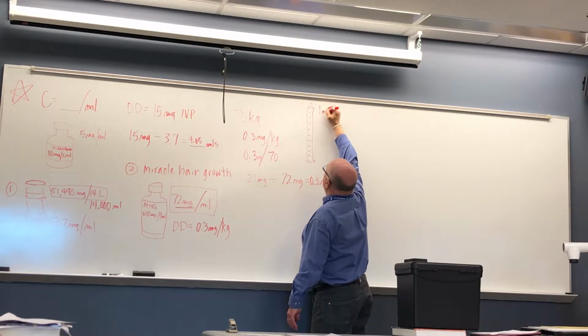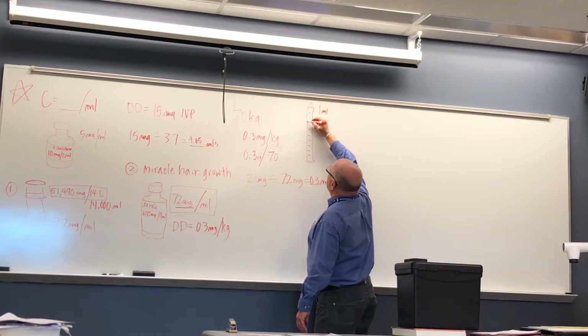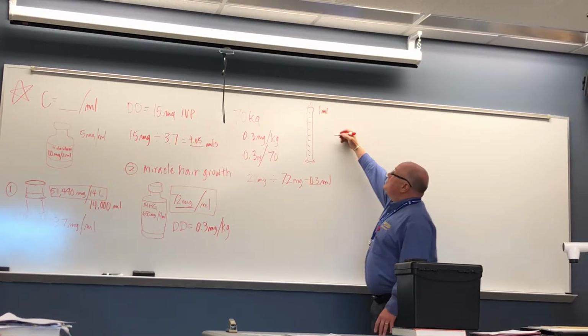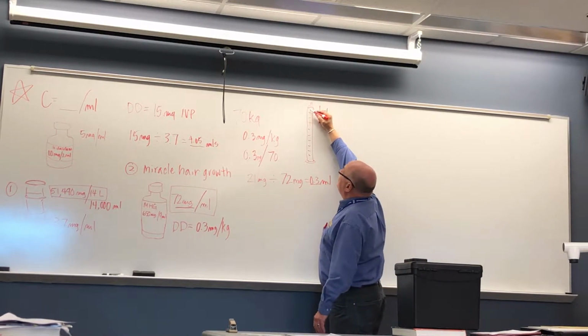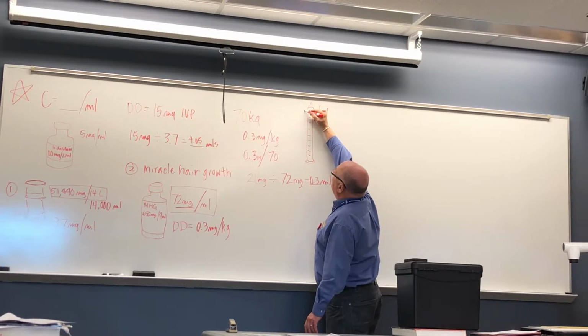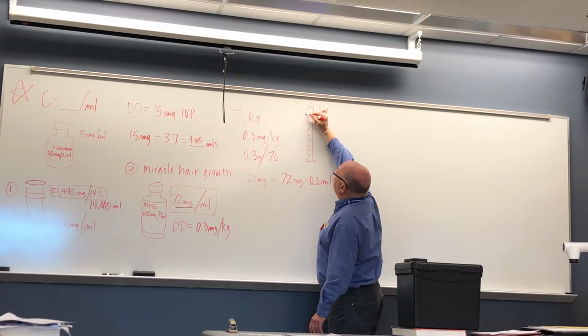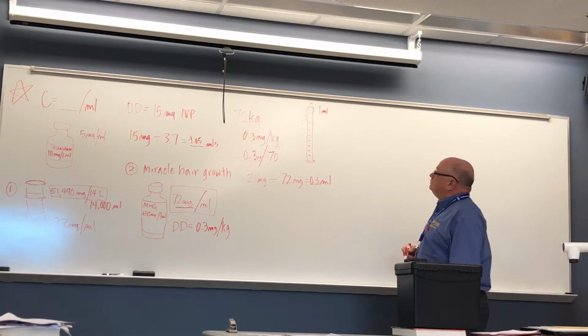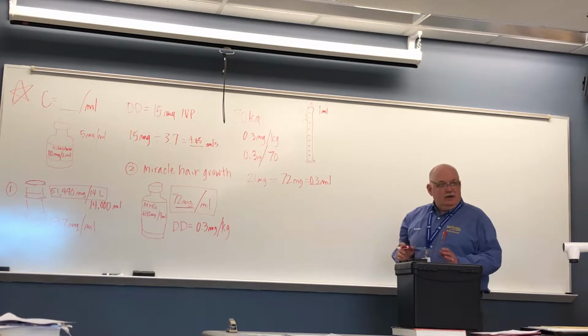You could do 10 and dilute it, but let's just keep it simple. So here's our 0.3 mLs: 0.1, 0.2, 0.3, and we should really put that mLs. Everybody see how we got there?